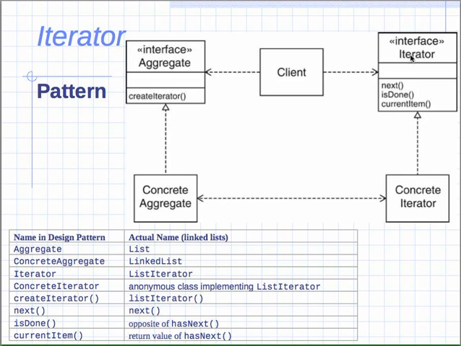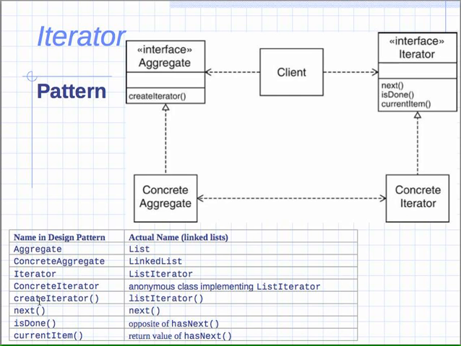Remember that with interfaces, all methods are public and abstract. And so you have things like next, is done, current item, and these will be implemented in the concrete iterator. For example, it could be an anonymous class, or you could actually create a class that implements this iterator interface.